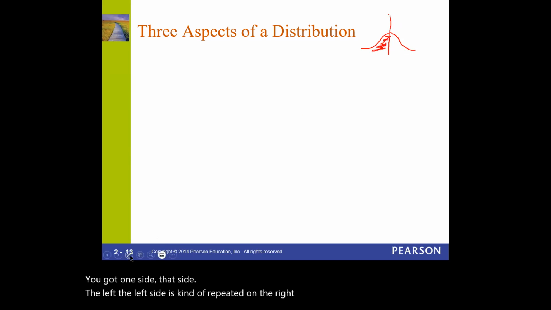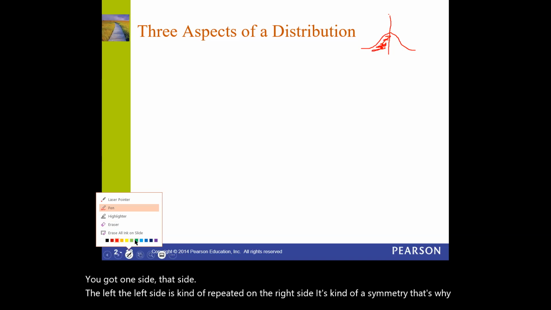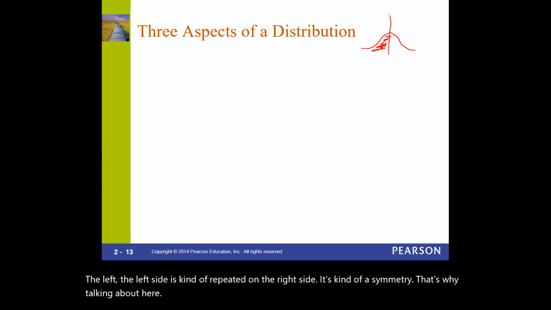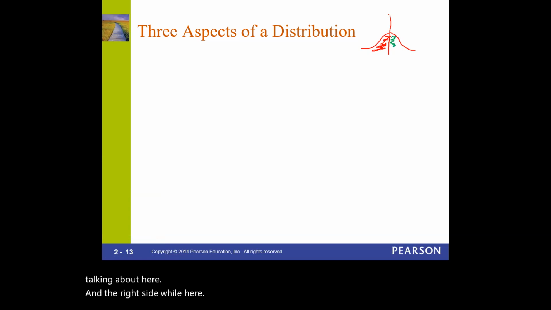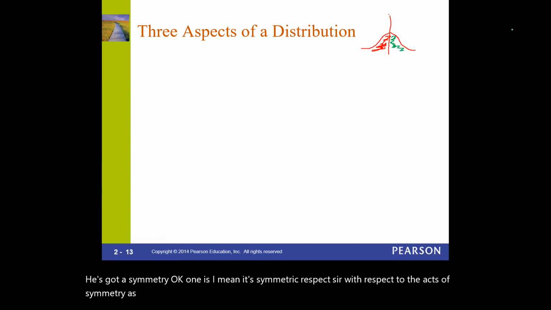It's kind of a symmetry. That's what we're talking about here. It's symmetric with respect to this axis of symmetry as the median, or with respect to the vertical line that you see right there.